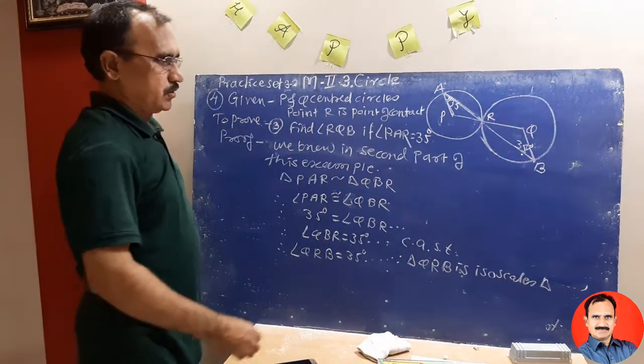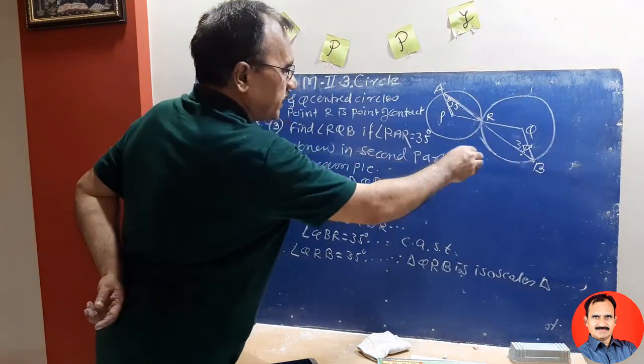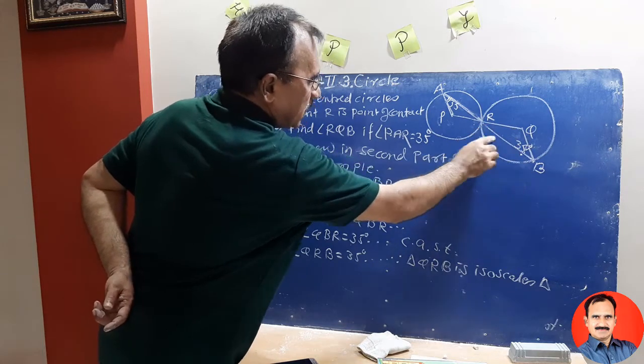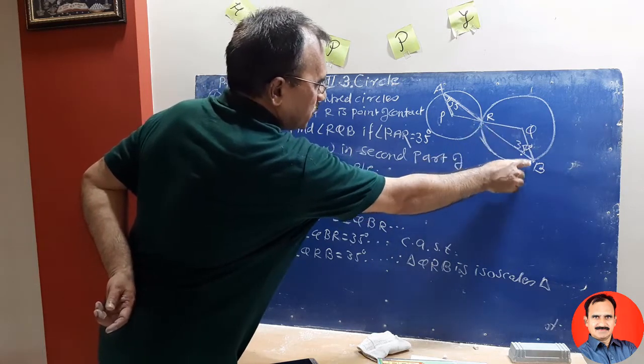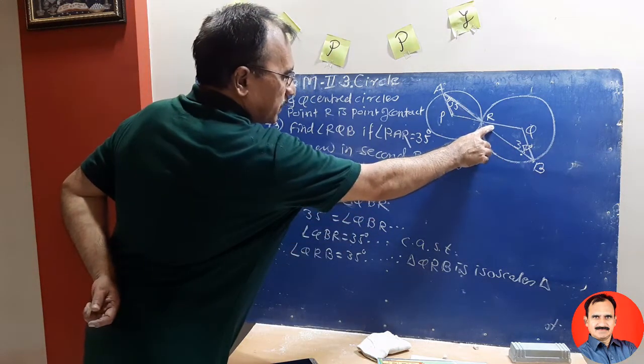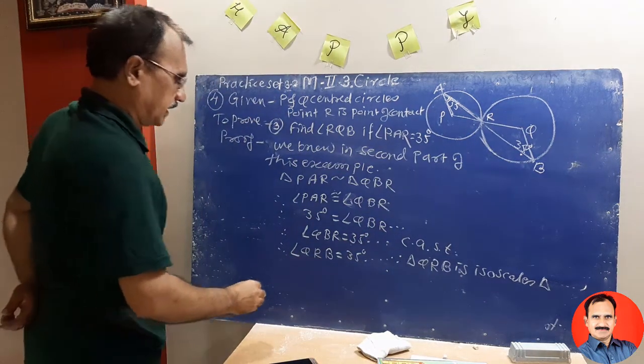Now you know, in any triangle the sum of three angles is 180, meaning angle QRB plus angle QBR plus angle RQB is equal to 180. Here 35 and 35 are known. 180 minus 70, 110 is the required angle.